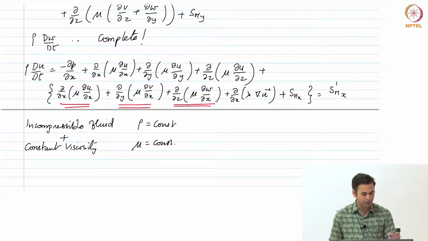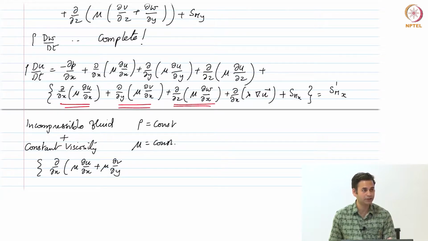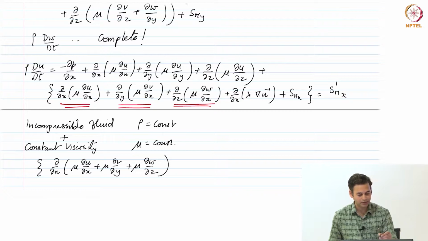I would do that rearrangement and then write this curly brace term as ∂/∂x of μ ∂u/∂x, plus I would write this as μ ∂v/∂y, because the ∂/∂x is taken out, plus μ ∂w/∂z. Can I write these terms like this?